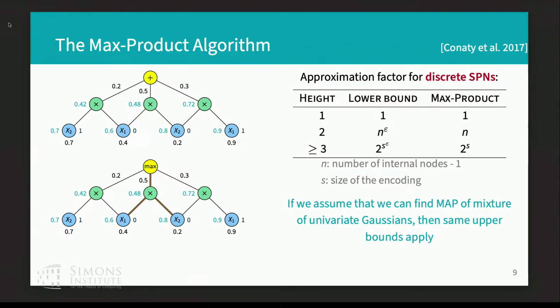There was no mention of what exactly their univariate distributions are. So the same upper bounds apply for whatever distribution you have on the leaves, as long as you can optimize those distributions, as long as you can find the maximum value of those distributions. And then for the lower bound, I think this is true for Gaussian leaves, but I'm not 100% sure, right?